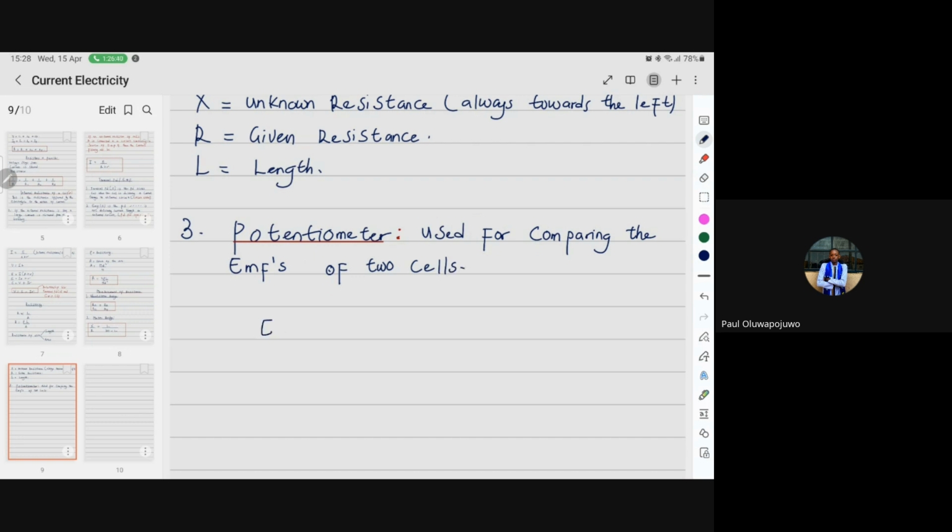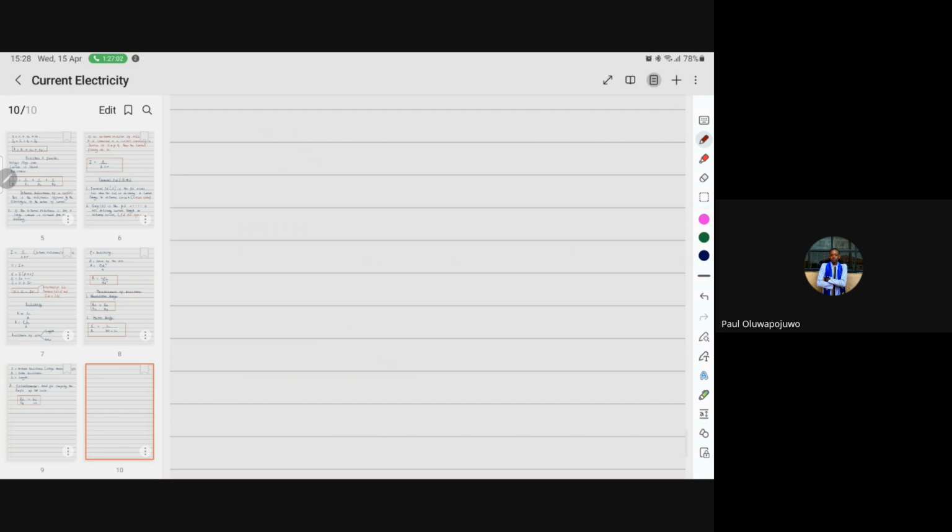So we have E1 over E2 is equal to L1 over L2. You know what the L is already now? It's the length. So these are the key formulas we'll be making use of as far as these questions are concerned. All right, so let's see how to get our hands dirty using all of those things. Paul, let's move.